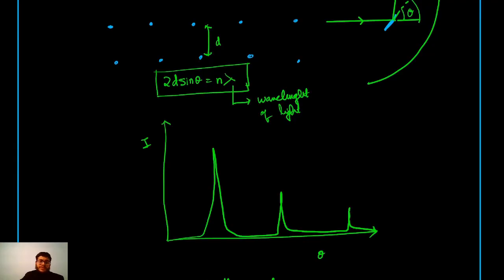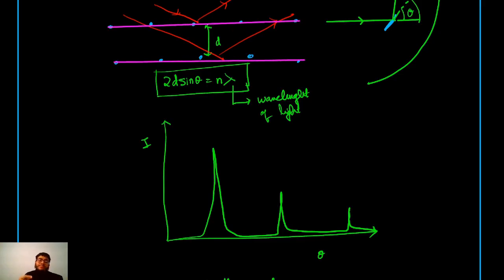So there is this lattice plane, the light is coming, light is going, light is coming, light is going. So this is exactly the lattice plane. For example, the pink line is a plane. This pink line is another plane, and d is basically the perpendicular distance between the two planes. That's it.